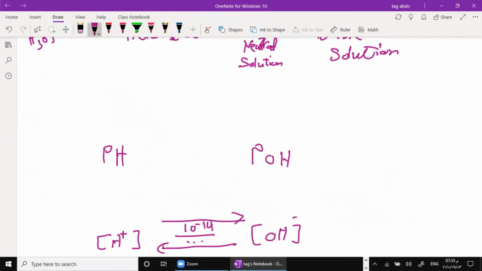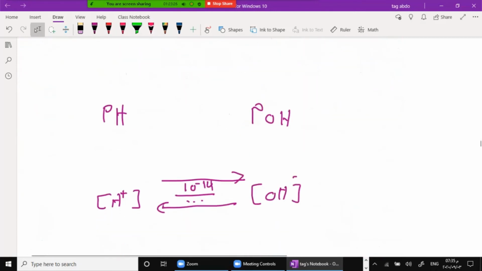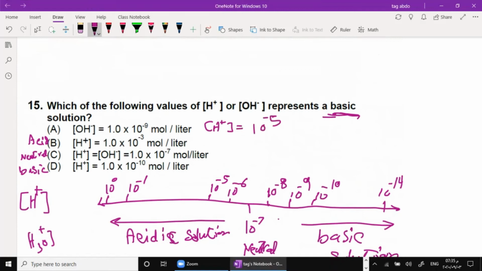So we have OH minus 10 to the minus 9. You have to convert it into H plus by dividing 10 to the minus 14 by 10 to the minus 9, and so H plus is going to be 10 to the minus 5. 10 to the minus 5 is here in this area, and this will be an acid. So the correct option is D.